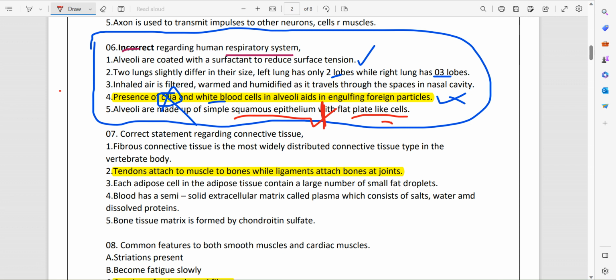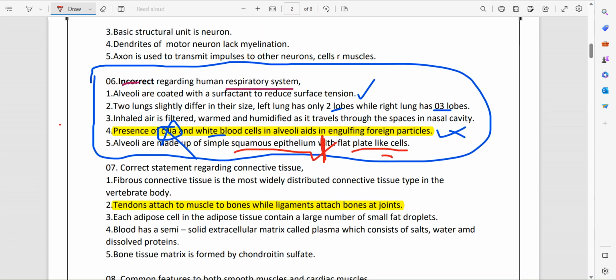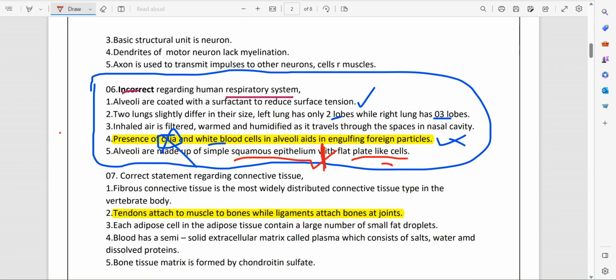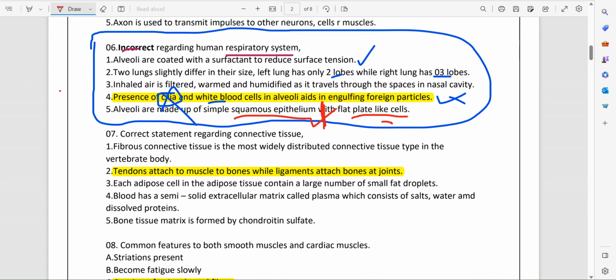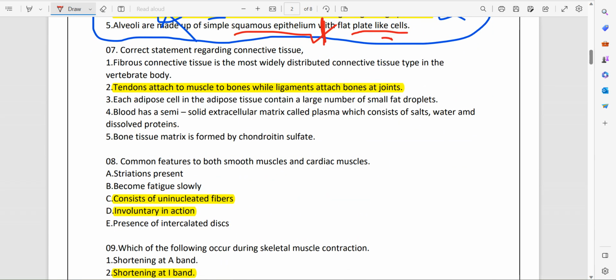So it's very important to read the question properly from the beginning up until the end when you're answering or reading a question paper. I hope you got that one correctly. And the next statement, we are done there. The 7th question: correct statement regarding connective tissue.